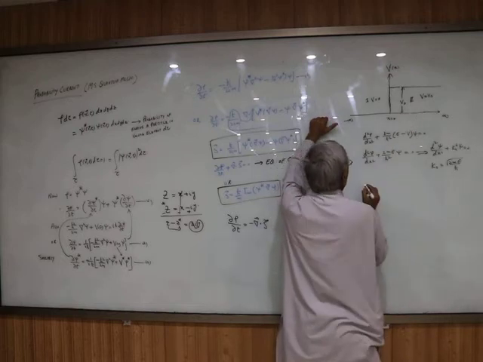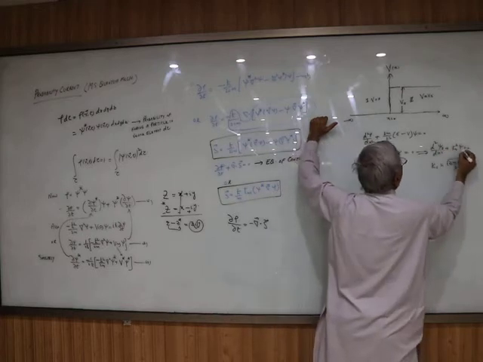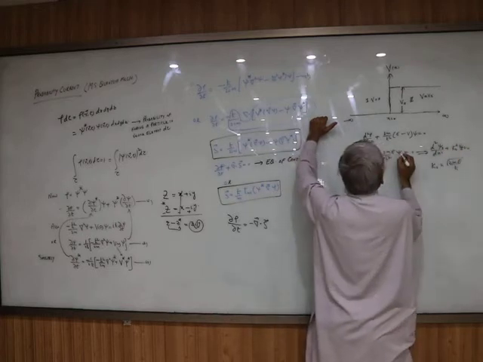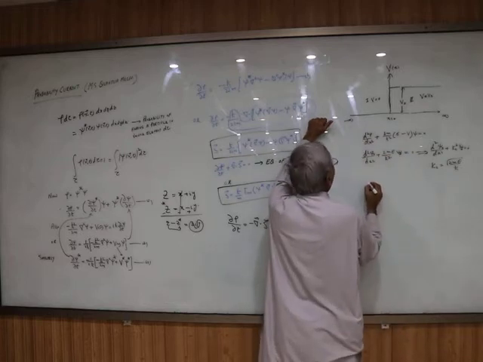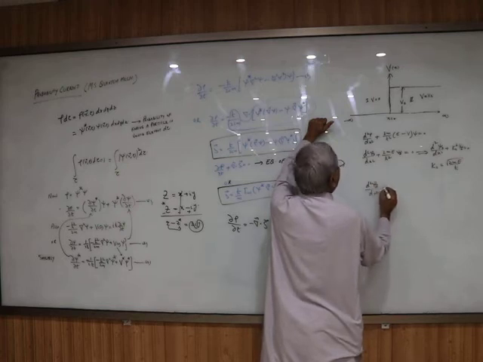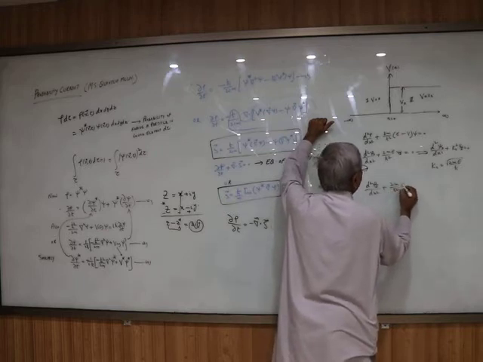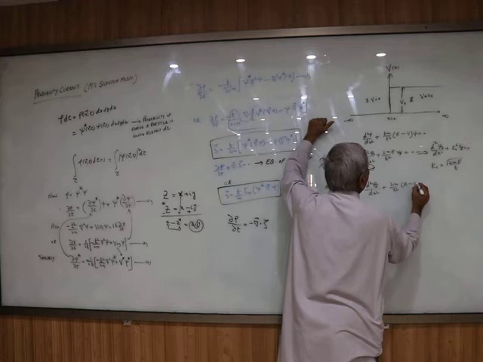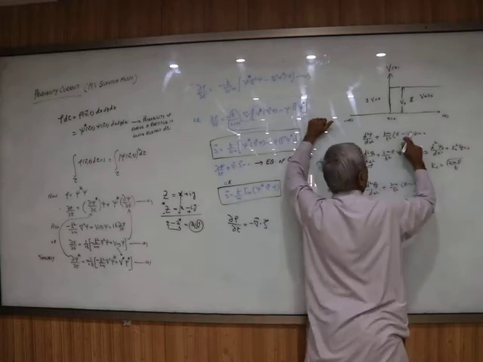Similarly, in region 2, so this is your psi 1, in region 2 you have d2 psi 2 over dx2 plus 2m over h bar square (E minus V naught) psi is equal to 0, because in region 2 V is V naught.